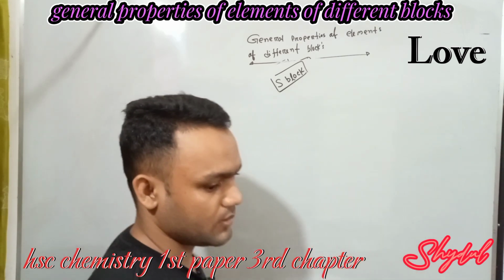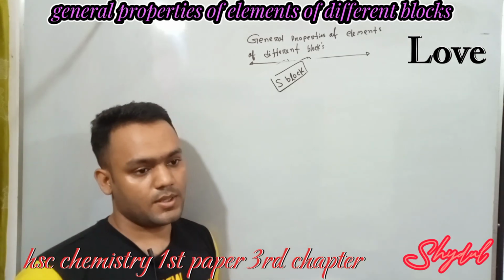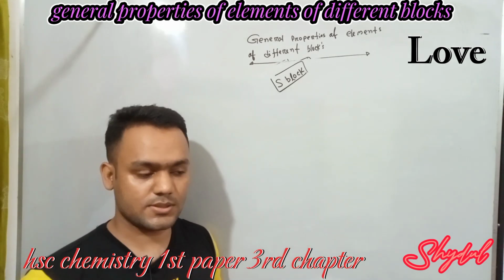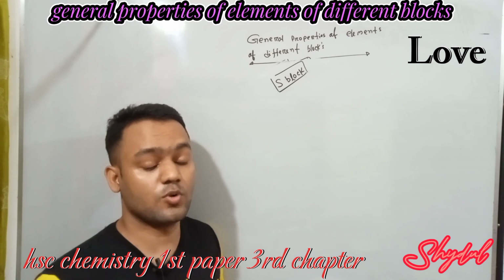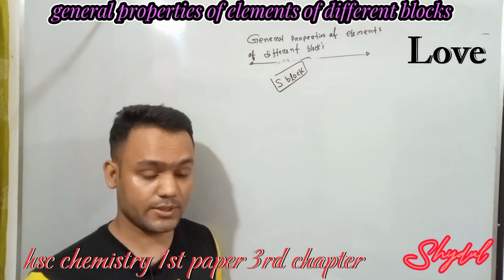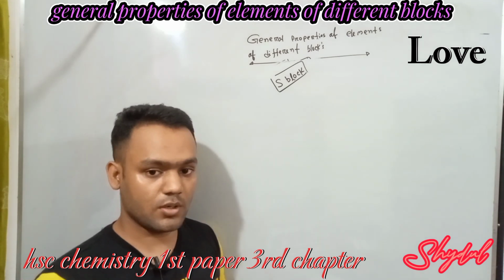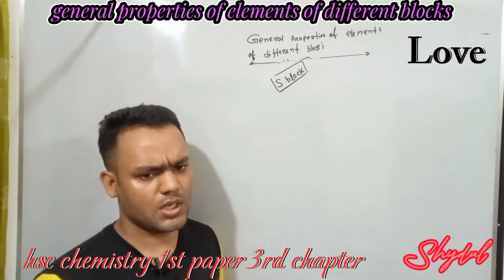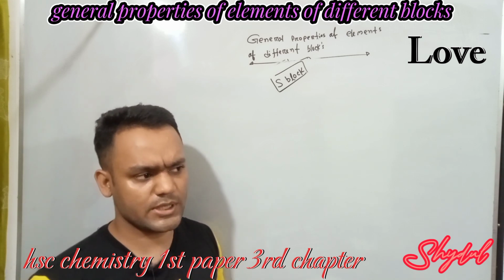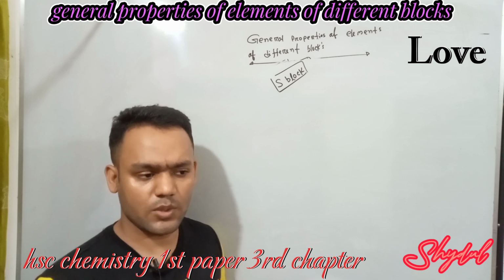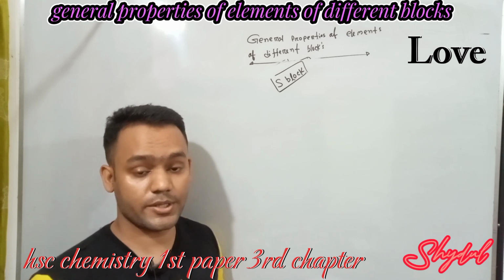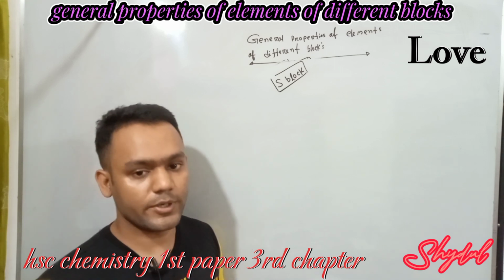The S block metals are metals with a low melting point and low boiling point.